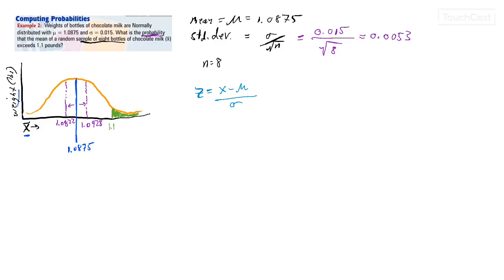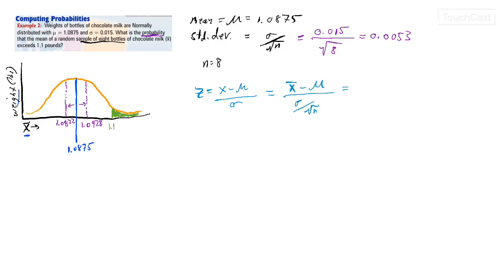So we need to look at x bar, not x. Recall that x typically resides on the x-axis. In our case, the x-axis is actually x bar because it's a sample of 8 bottles, the mean of the means, essentially. So we have our x bar, mu remains the same, but now the standard deviation is exactly as we calculated above, which is the population standard deviation divided by the square root of the sample size.